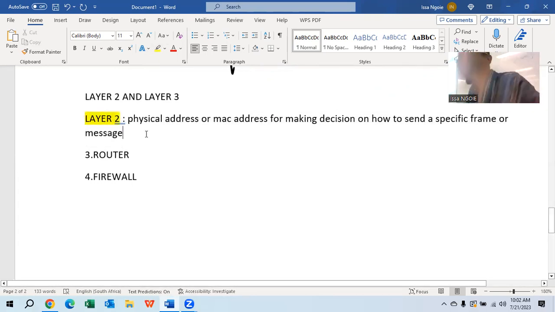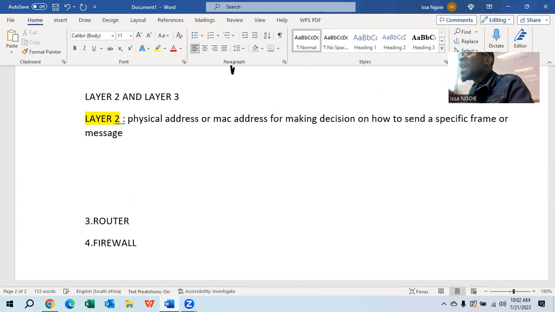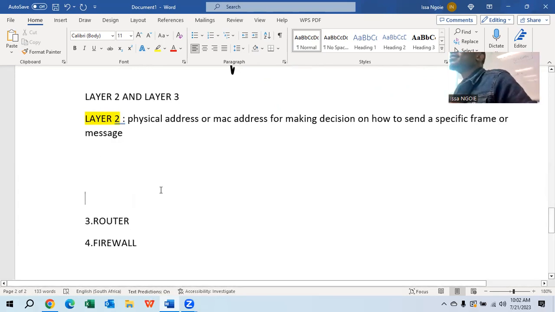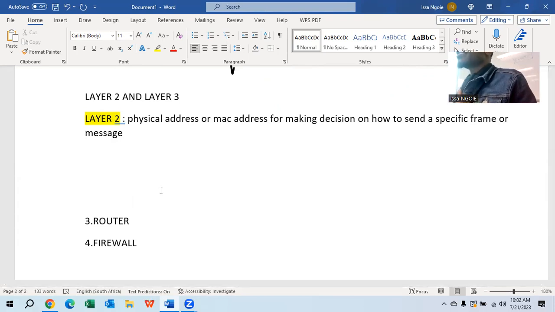Layer 2 uses what? MAC address. So if I want to communicate with you, because our network uses a layer 2 switch, my switch will look at what? Your MAC address, your physical address. Your PC, your phone, your tablets will have a unique physical address.